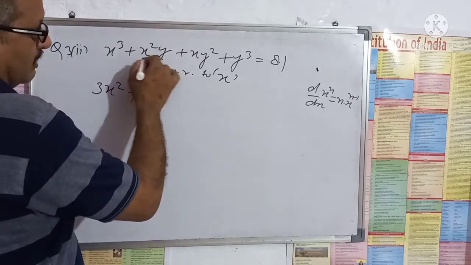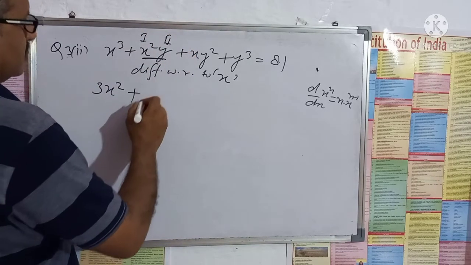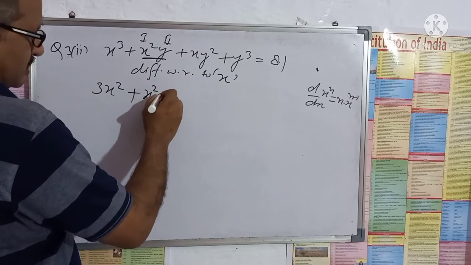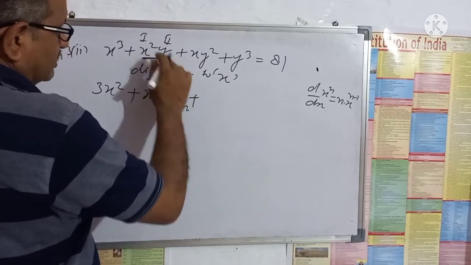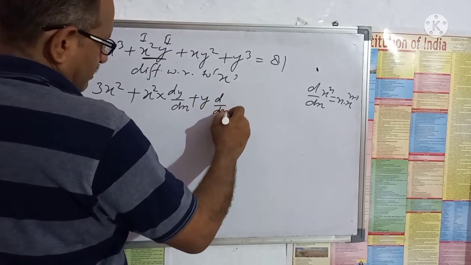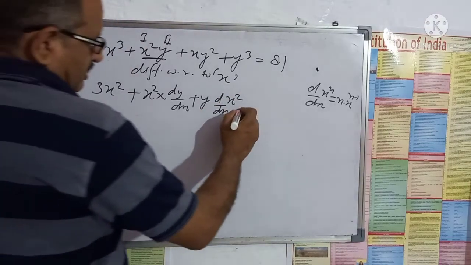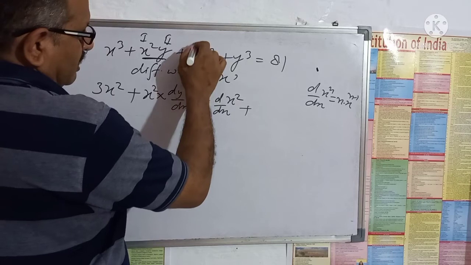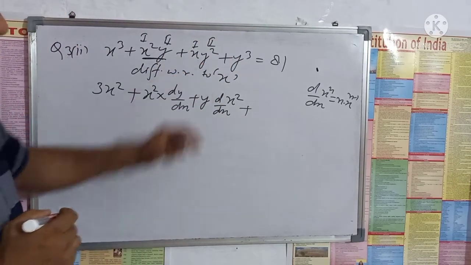And here we have to apply the product rule. x square is the first function, y is the second function. So what is the product rule? x square into dy by dx, plus second function y and derivative of first function x square, plus xy square. Here x is the first function, y square is the second function, again use the product rule.